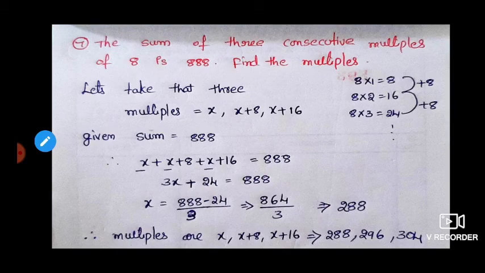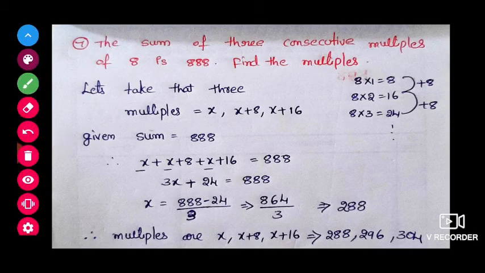So we got the three multiples x, x plus 8, x plus 16. Now, given that the sum is 888, the sum of x, x plus 8 and x plus 16 is 888. So x plus x plus 8 plus x plus 16 is equal to 888.